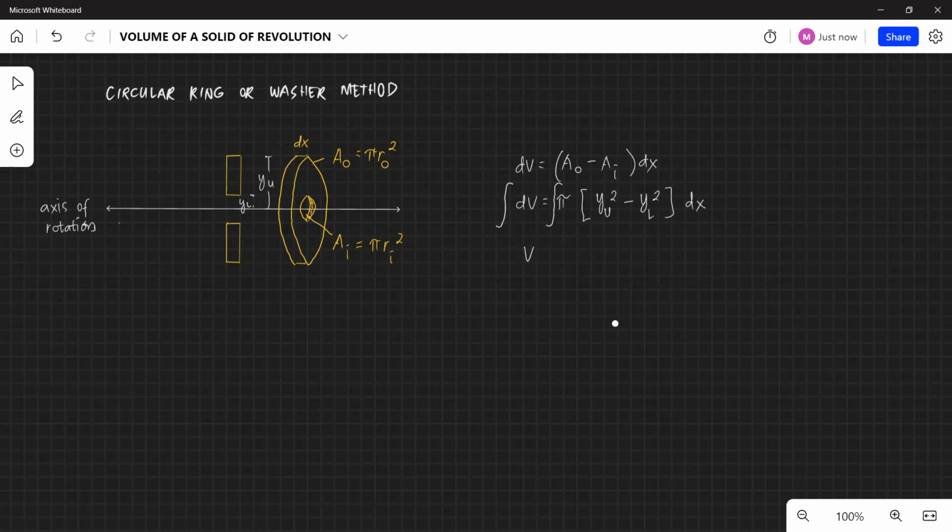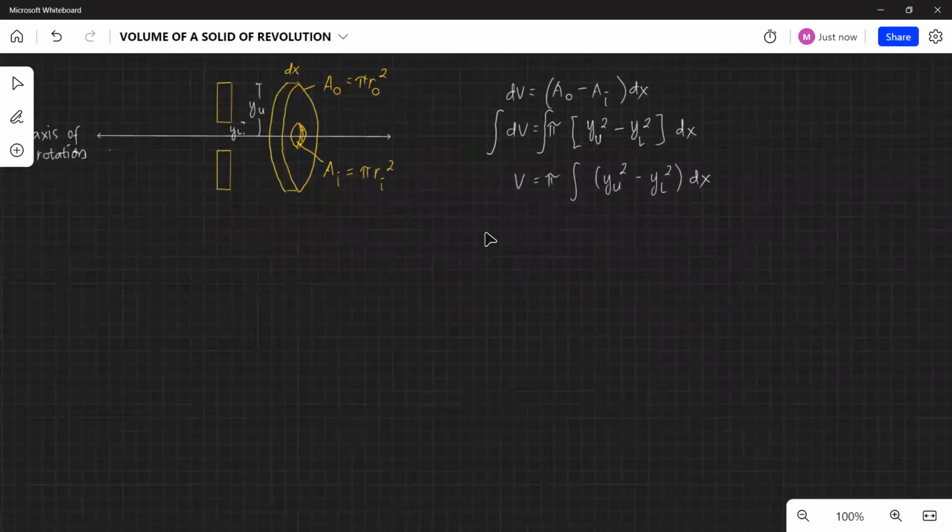So the volume of the solid of revolution using the circular ring or washer method is pi times the difference between y squared of the upper curve and y squared of the lower curve dx. And of course, with limits from x sub 1 to x sub 2.